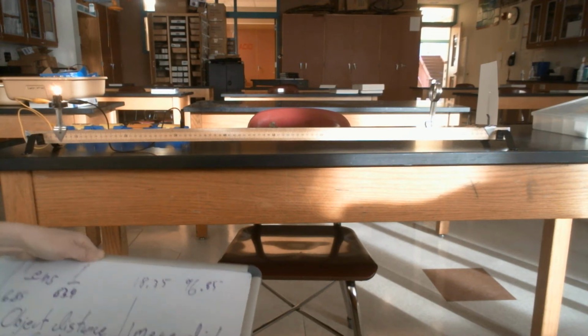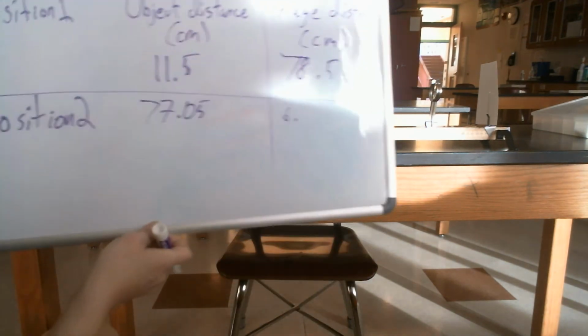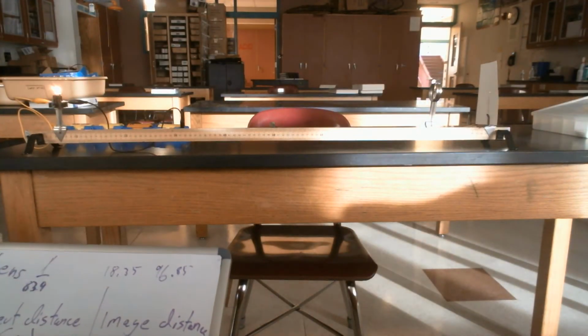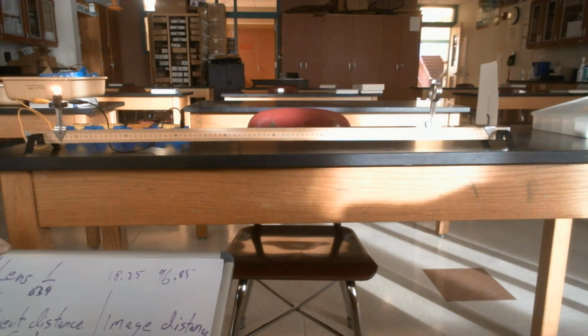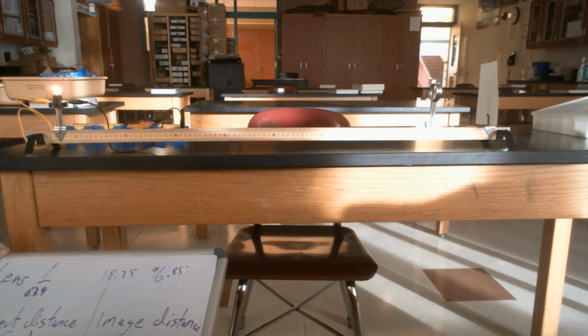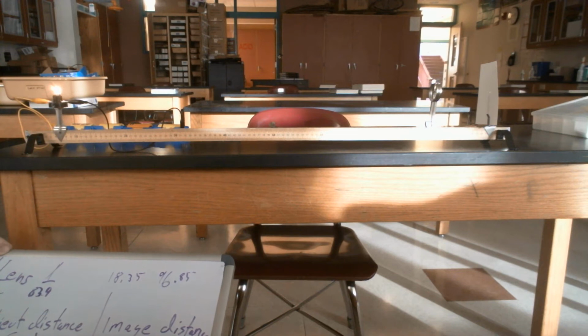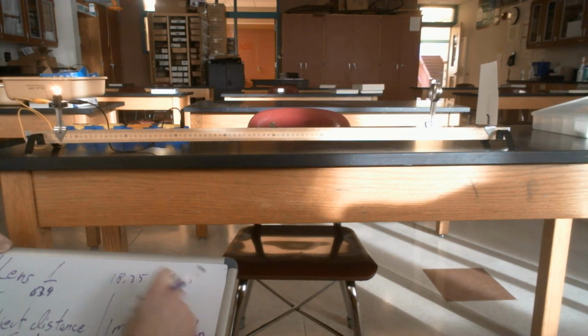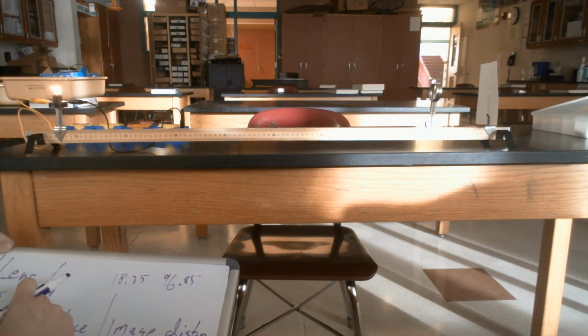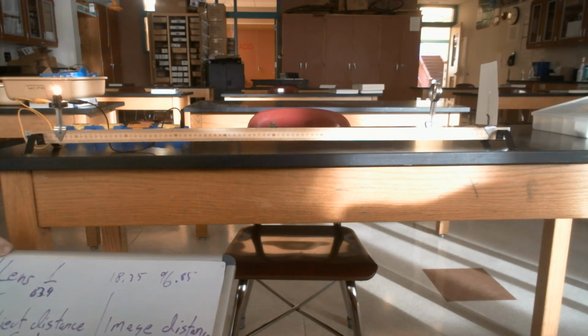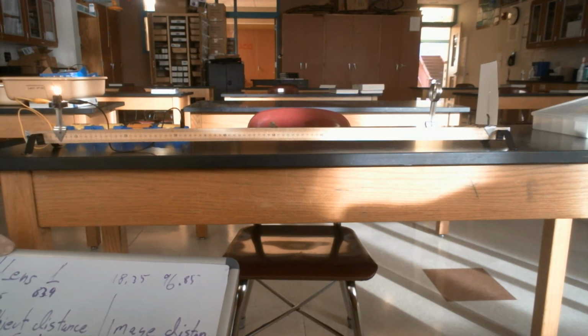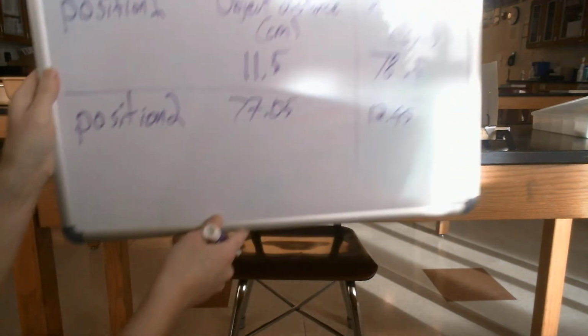So I'm sorry, it was 78.5 for the earlier image distance. But then 96.85 minus 83 is about 13. It's actually 12.95 centimeters for the image distance.